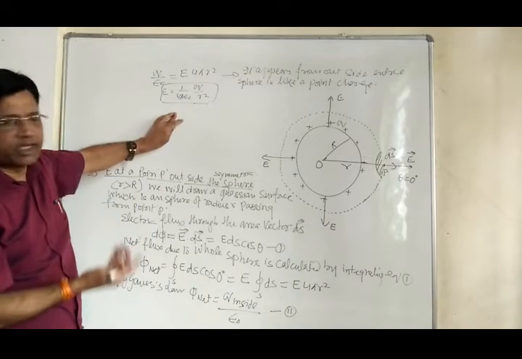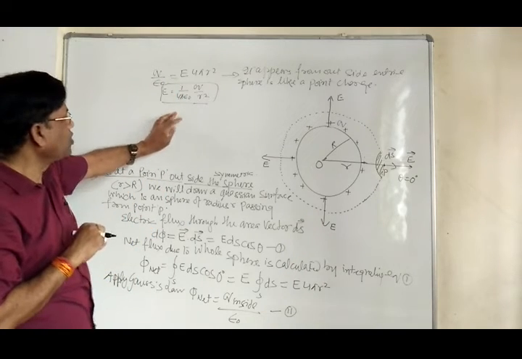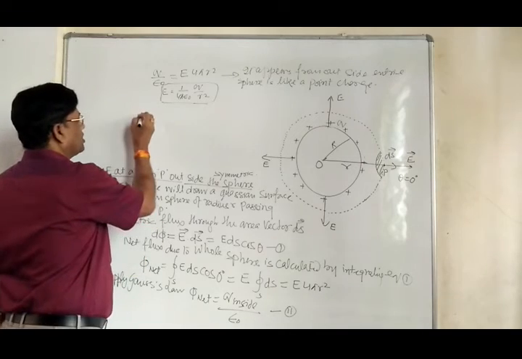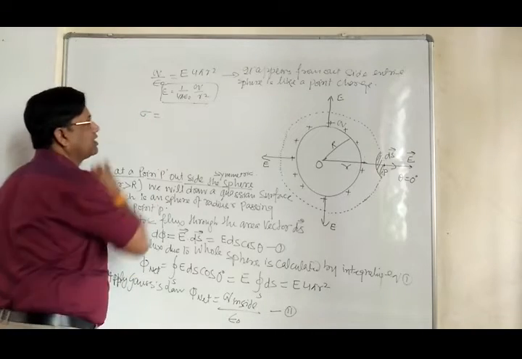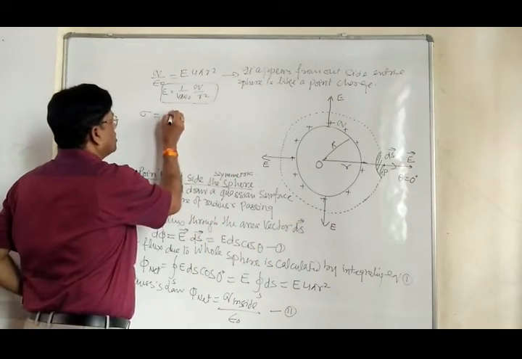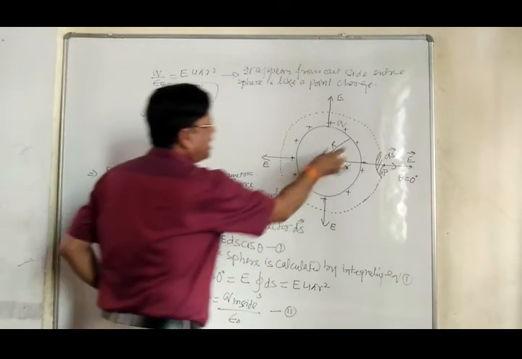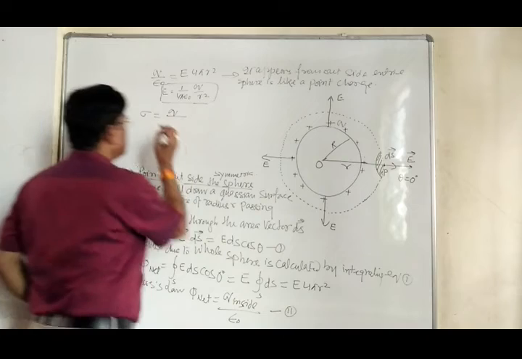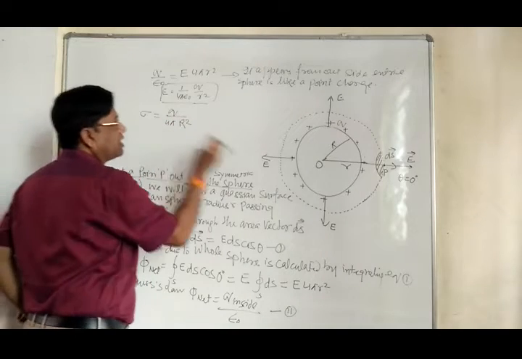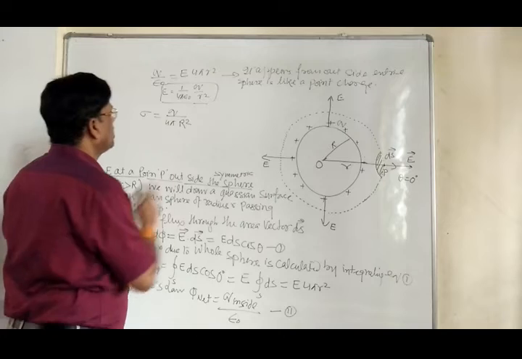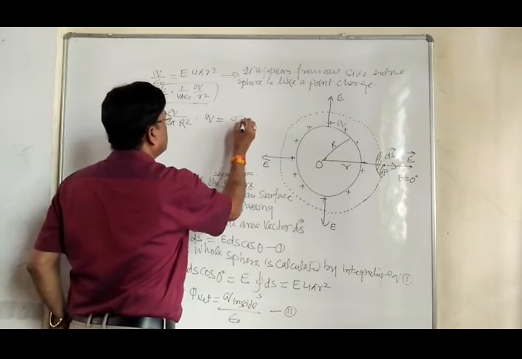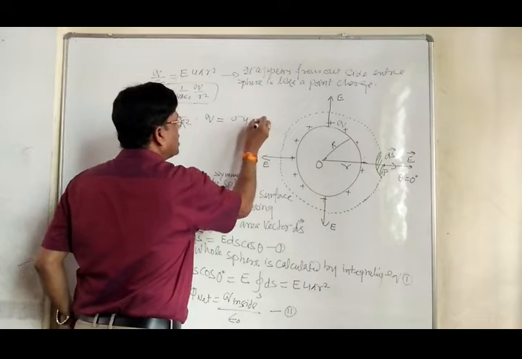This equation can be written in another form also, because you know the value of Q. Q is related to the surface charge density sigma. The charge on this sphere is Q, that is sigma times the area of this sphere, 4π R squared. Then the value of Q is sigma 4π R squared.